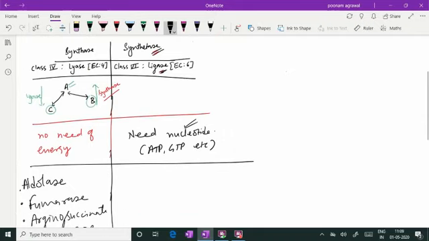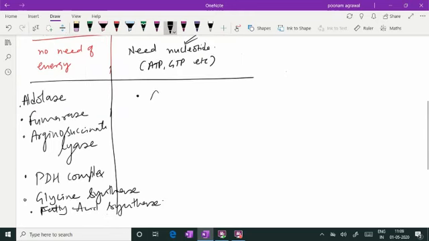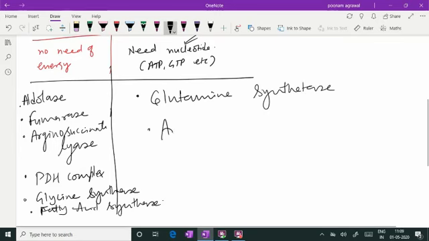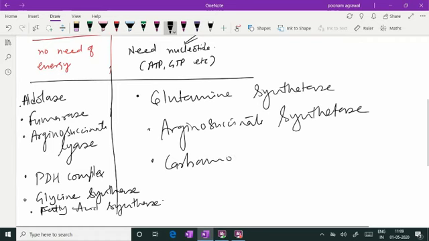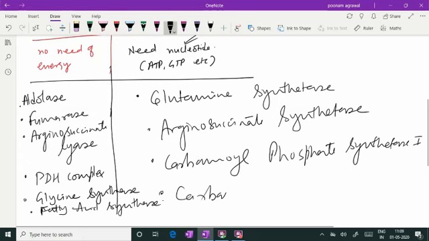And if I talk about examples of synthetase, the glutamine synthetase, arginosuccinate synthetase, carbamoyl phosphate synthetase 1 and carbamoyl phosphate synthetase 2.